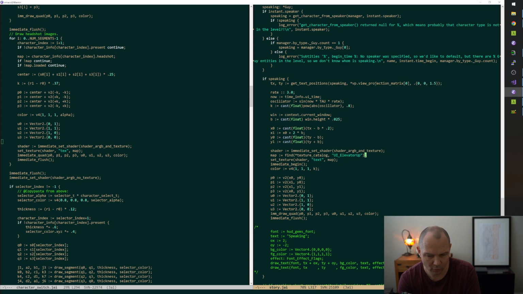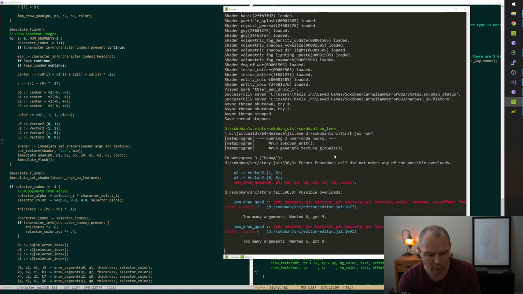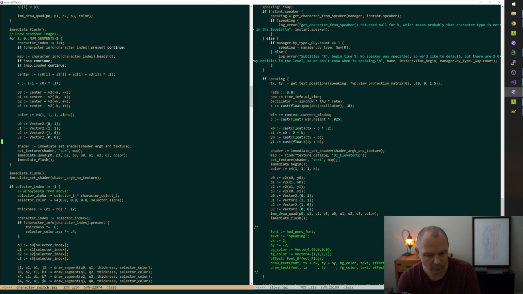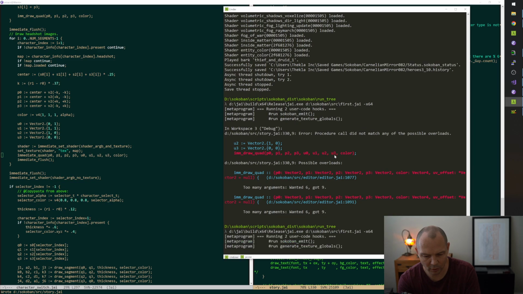For this one, I don't actually know. Oh, it's this draw quad function, which I hate. That's a function I wish weren't there.